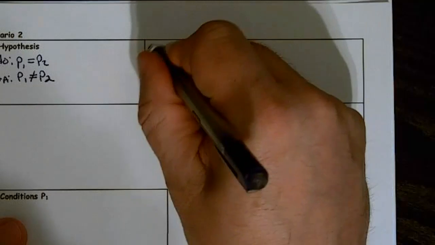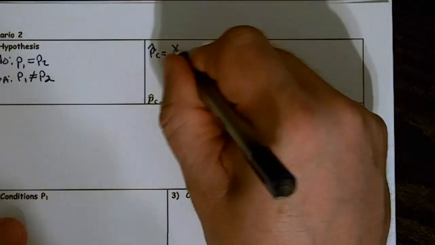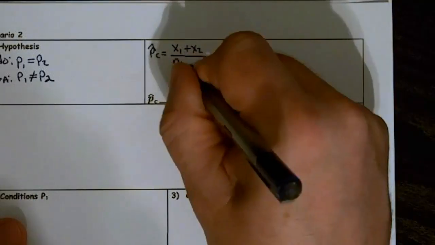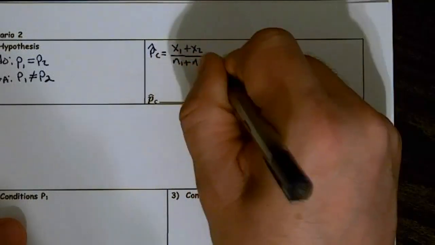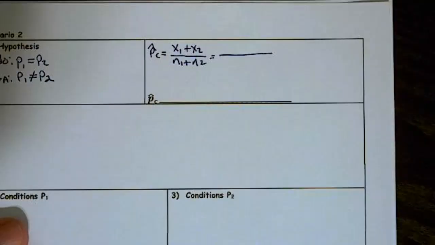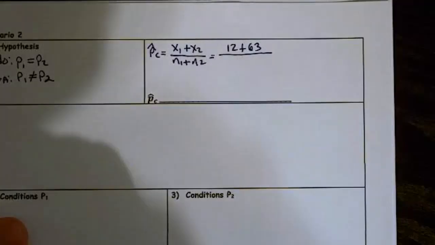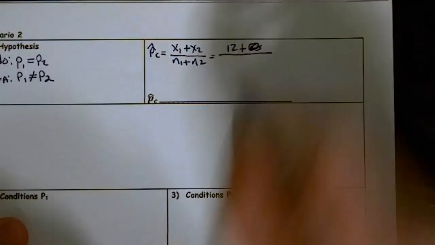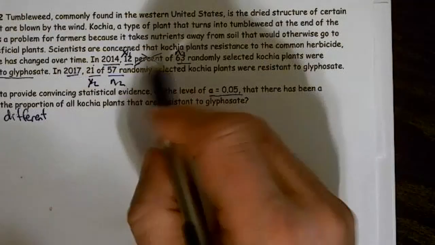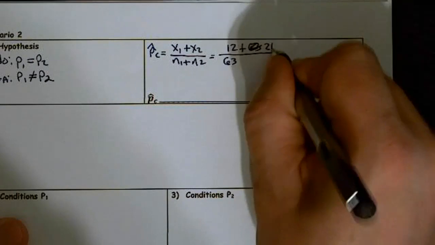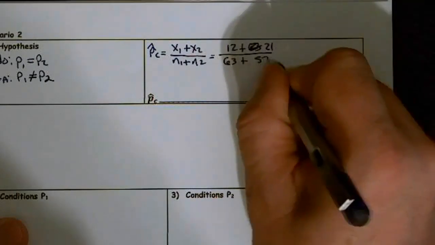Then P hat C is X1 plus X2 over N1 plus N2. And you really need to show me the work on this. And this is 12 plus 21. So this is 12 and this is 63. This is 21 and this is 57.